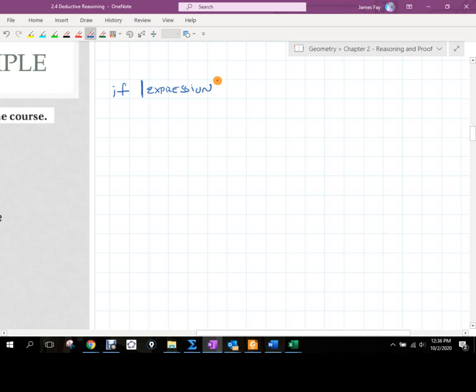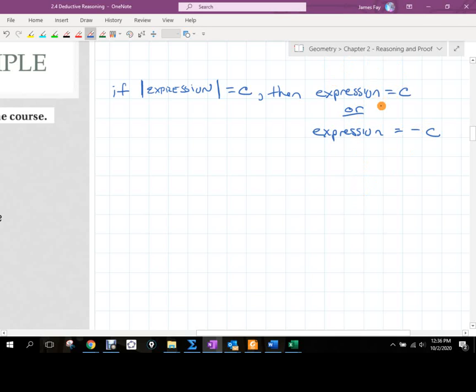If we had an expression inside the absolute value bars, and it was equal to C, then what you do is you take your expression and you set it equal to C, and then you write the word or, and you take your expression and you set it equal to negative C, okay?